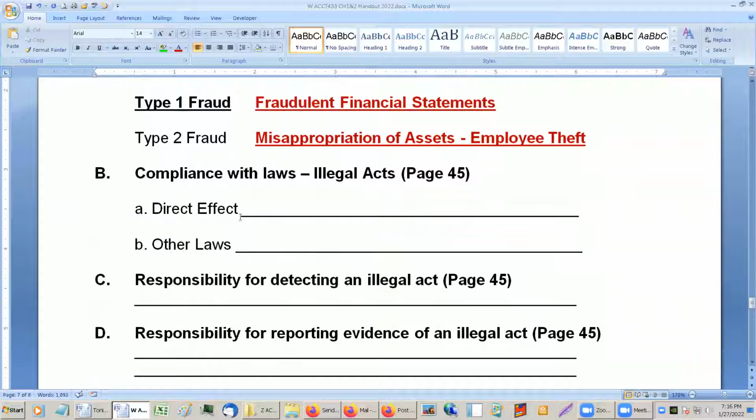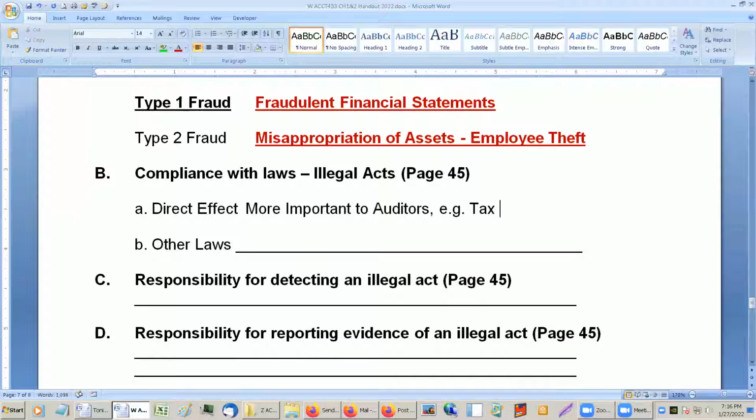Okay. Compliance with laws, illegal acts, direct effects are more important to auditors. Example: tax evasion.